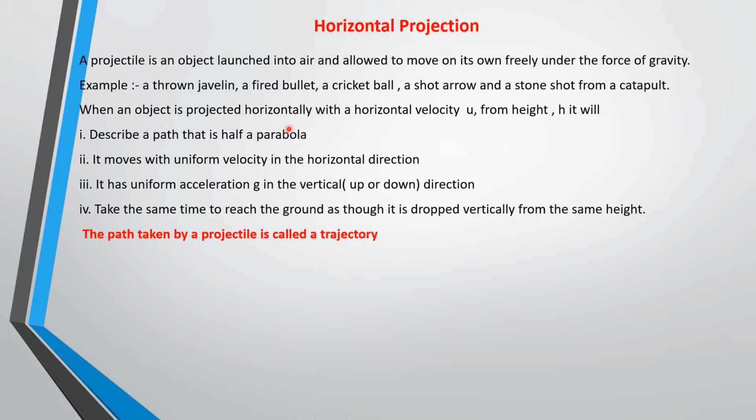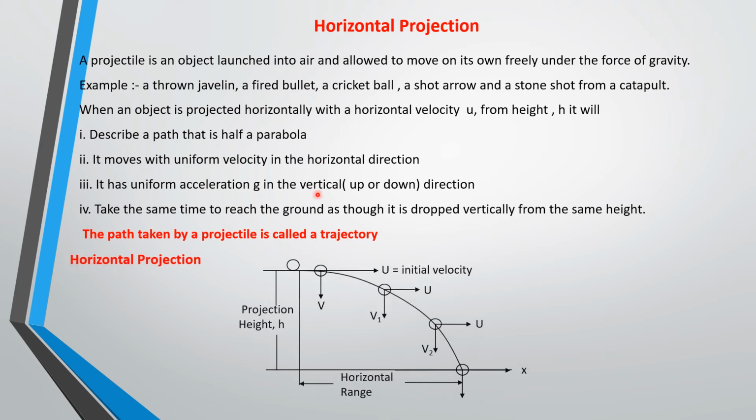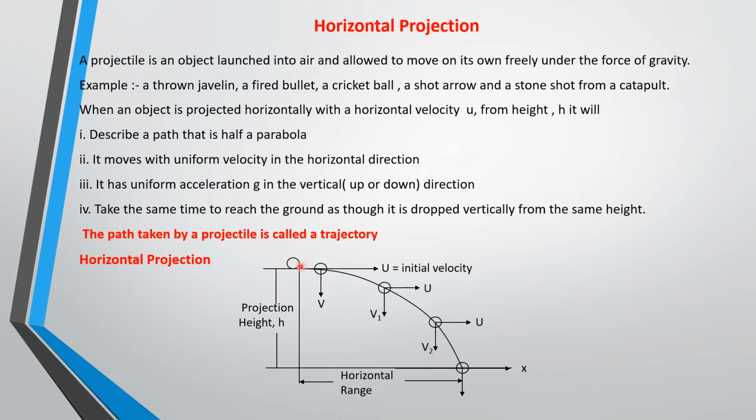Now when an object is projected horizontally, it will describe a shape that looks like a quarter of a circle. So when you divide the shape of a circle into a quarter, the part that the object will describe will look like that.